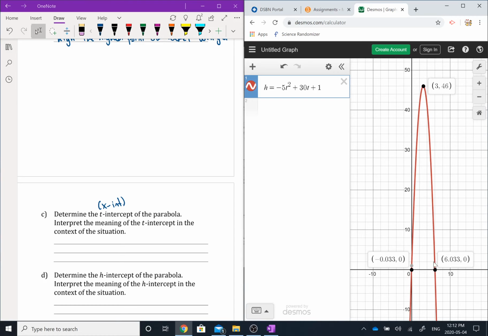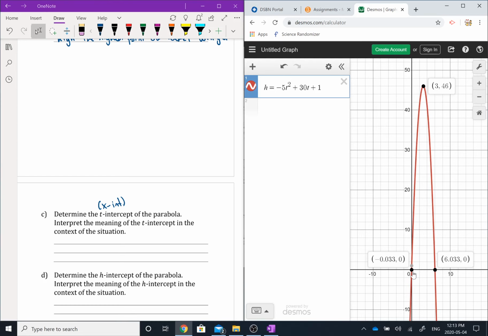While it's asking for the t-intercept, it's only asking for 1, but here we have 2 on our graph. We can clearly see 2.